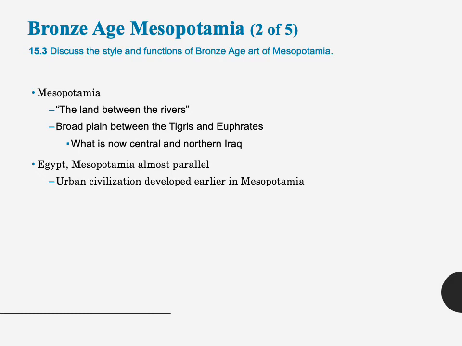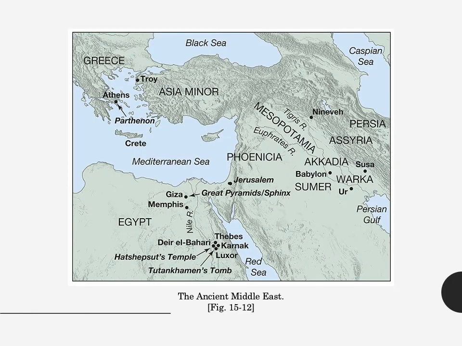Mesopotamia means a land between two rivers, Tigris and Euphrates, or Dejle and Frat. Right now most of it is in today's modern Iraq, a part of it in Syria, and a part of it in Iran.